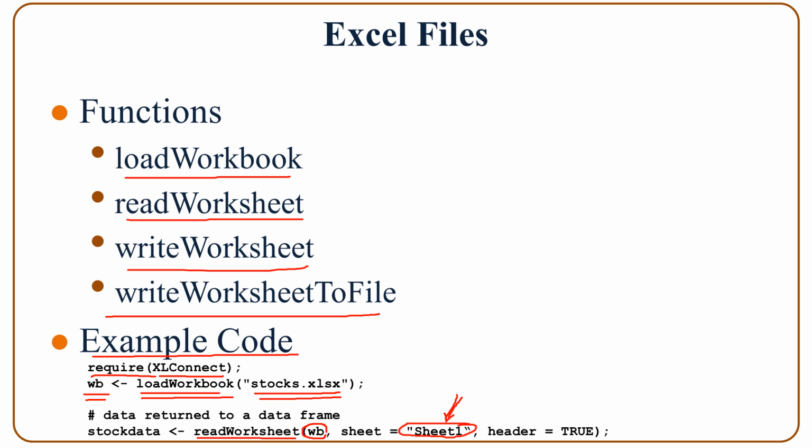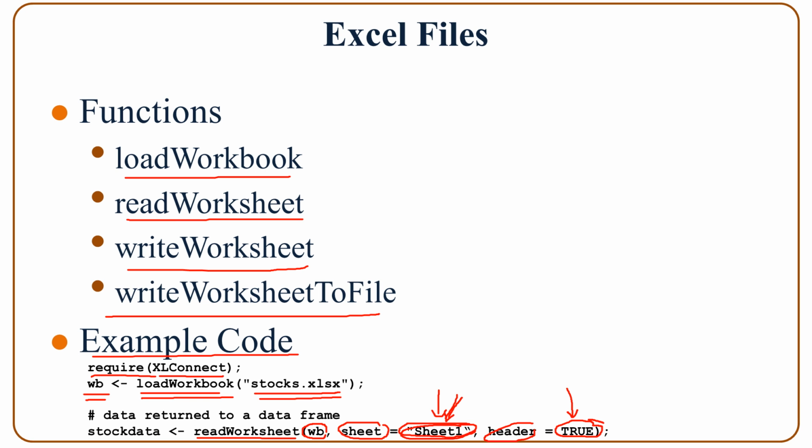You can just use sheet 1 here. But if you want to explicitly say which parameter goes with which value, then you use this syntax. And if you use this syntax, then the order of the parameter pairs is not important anymore. You can change it as you like.